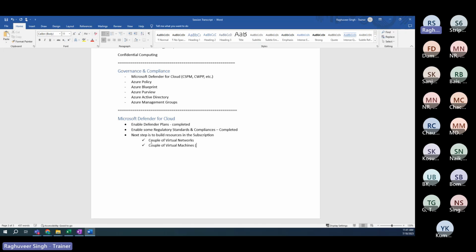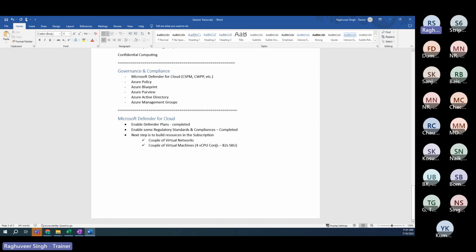When I say virtual machines, Azure sponsorship pass has a limit of 4 vCPU cores, which means you will not be able to use more than 4 vCPU cores. So use the B2S SKU for building your virtual machine, because the B2S SKU has 1 CPU core, and that way you will be able to build at least 4 virtual machines.